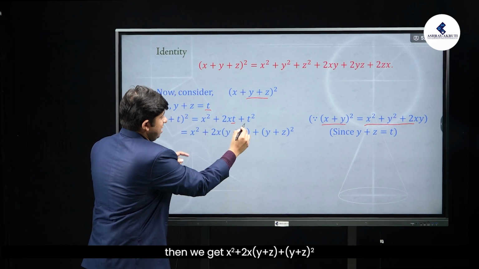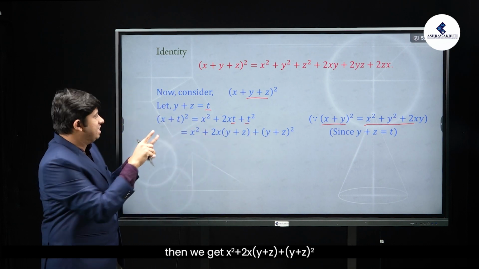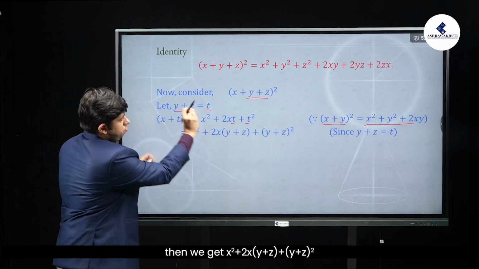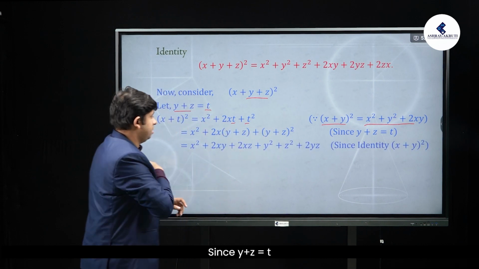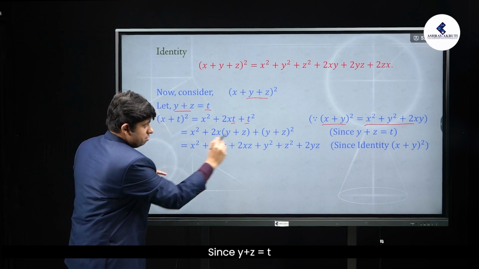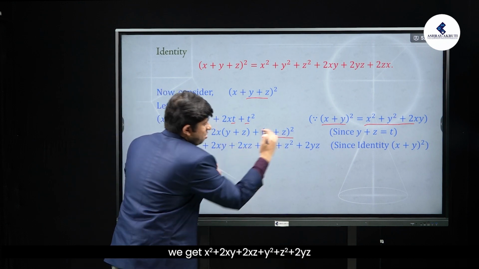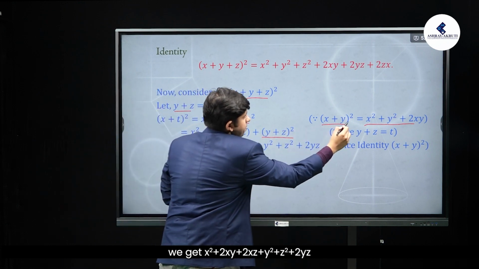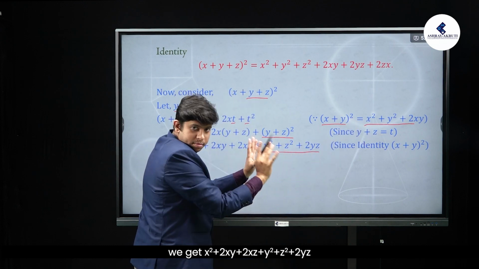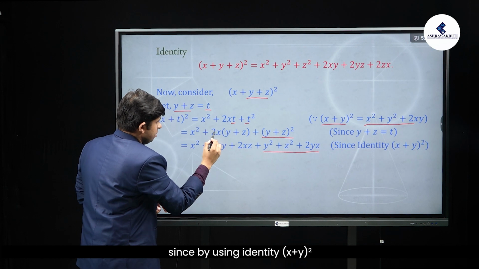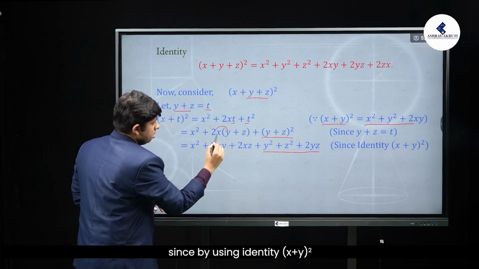Then we get x square plus 2x into y plus z plus y plus z whole square. Since y plus z is equal to t, we get x square plus 2xy plus 2xz plus y square plus z square plus 2 into yz, by using the identity x plus y whole square.